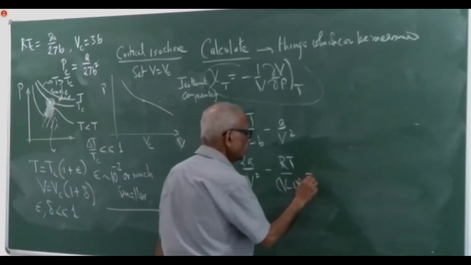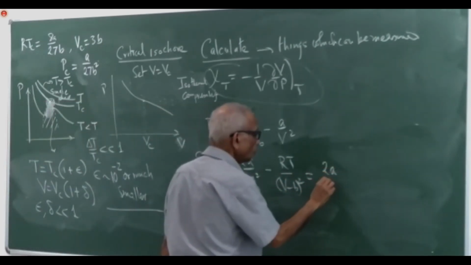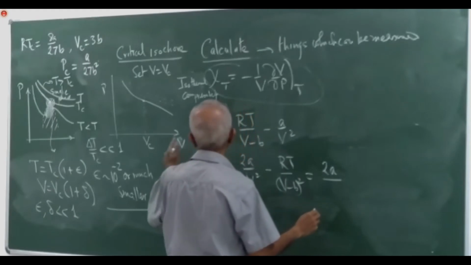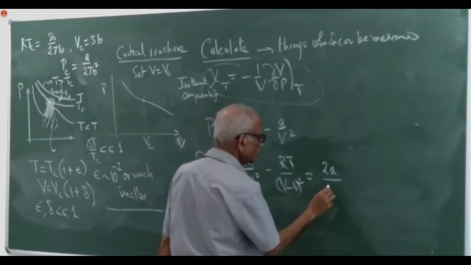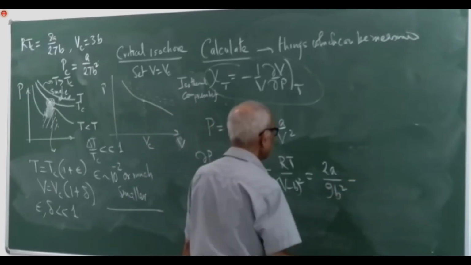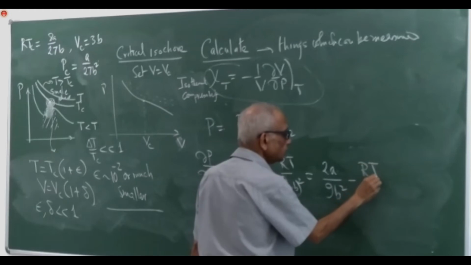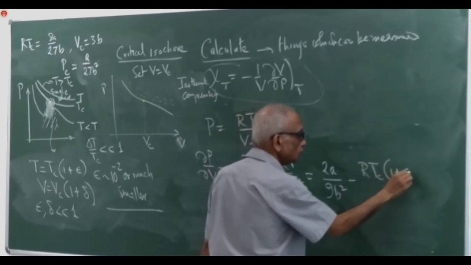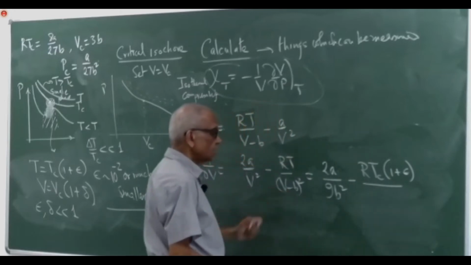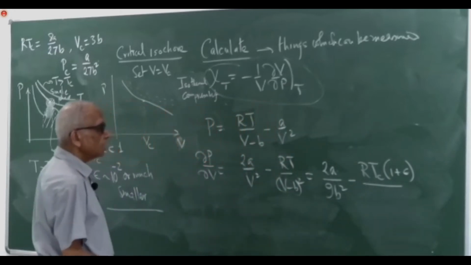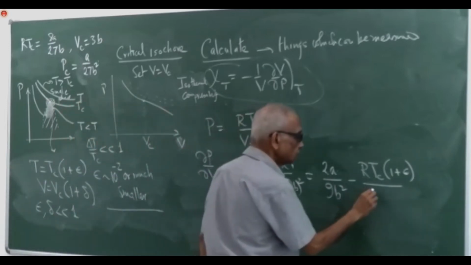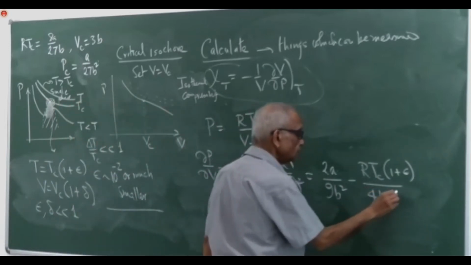So this is equal to 2A over VC. VC is 3B, so this is 9B squared, minus, where am I? Temperature is RTC into 1 plus epsilon, and V minus B is at the critical isochore, which is 3B minus B, 2B. So this is 4 times B squared.